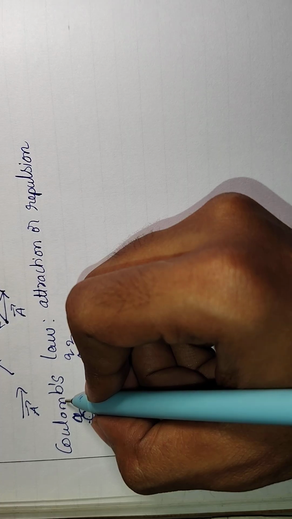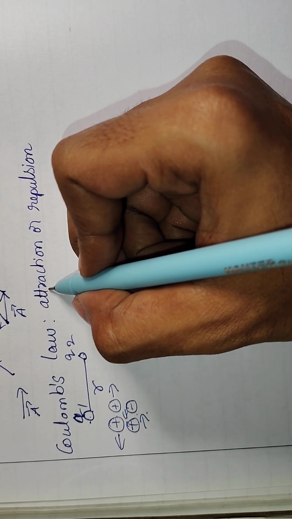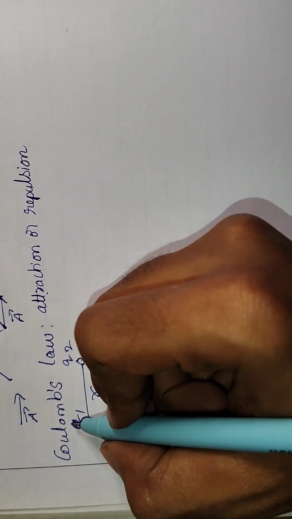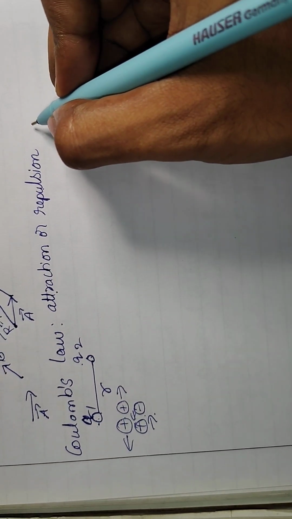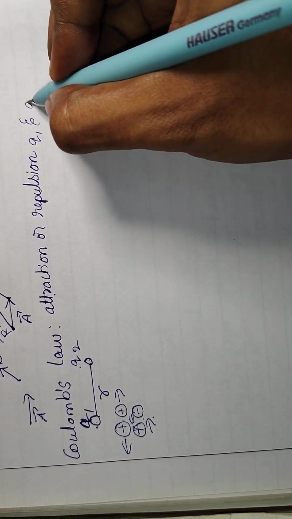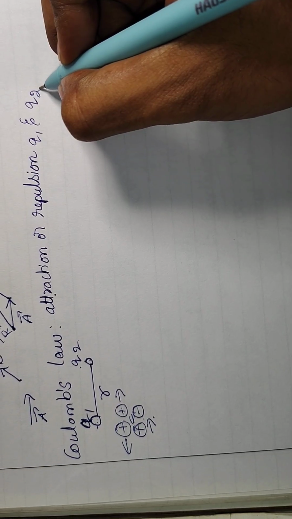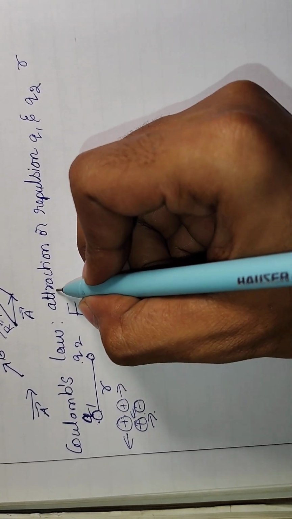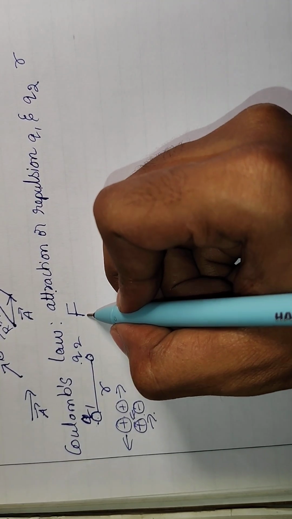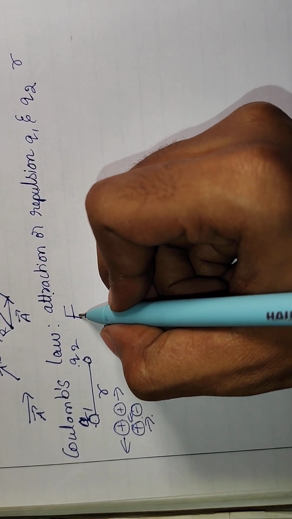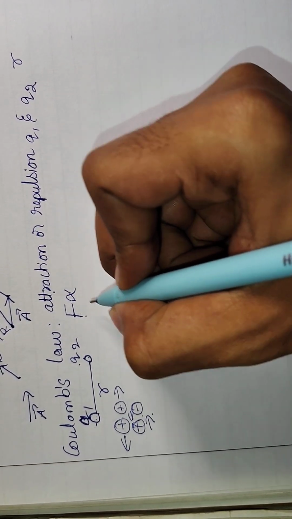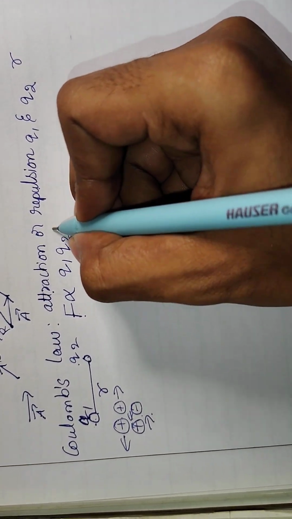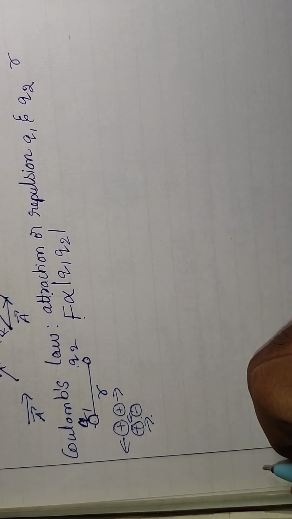So Coulomb's law tells you that the electrostatic force of attraction or repulsion between these two charges q1 and q2 separated by a distance r, I will represent it as F. That particular force is directly proportional to the product of the magnitude of charges.